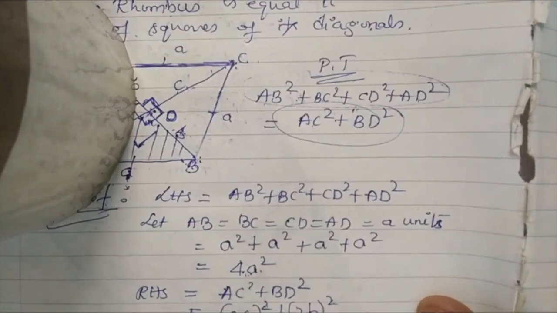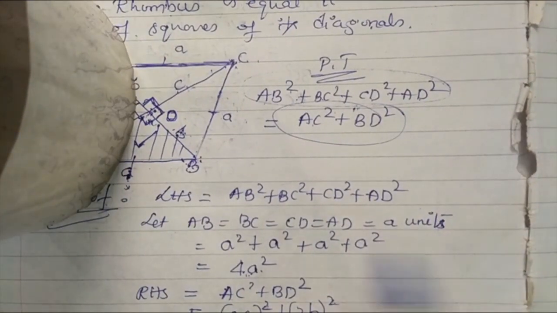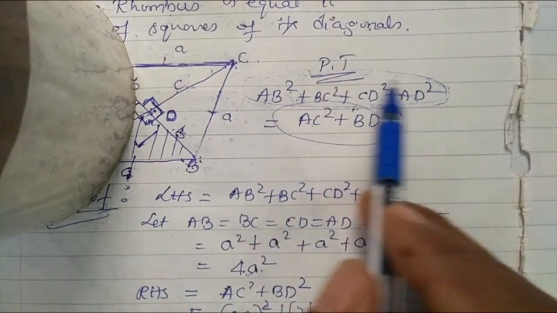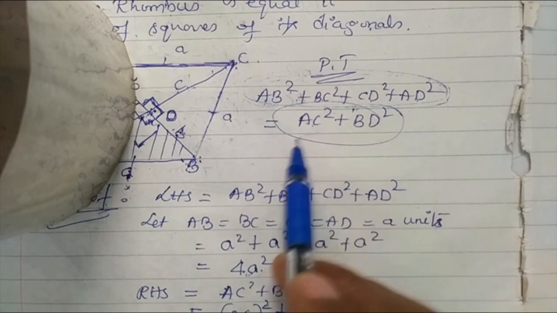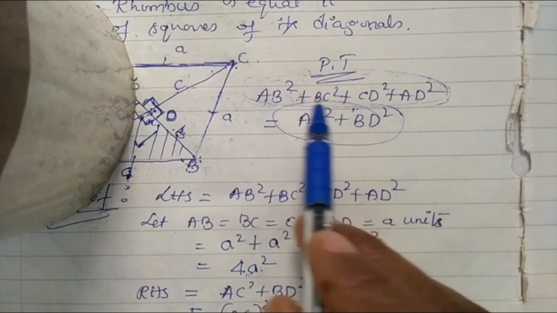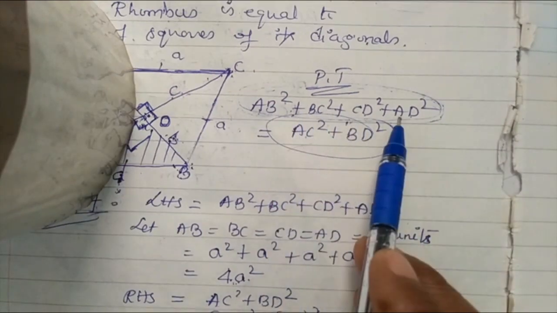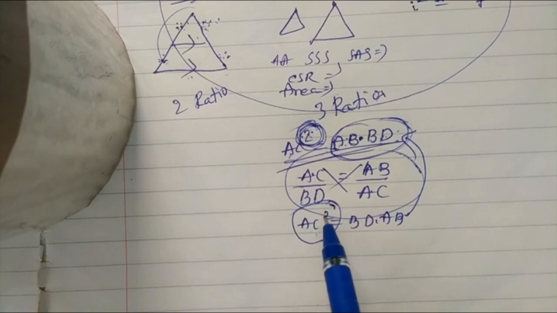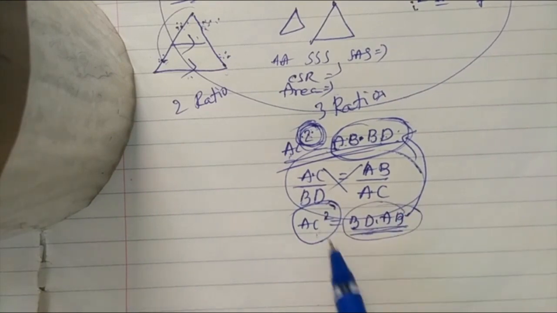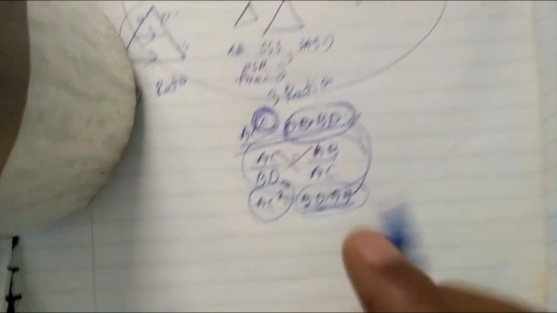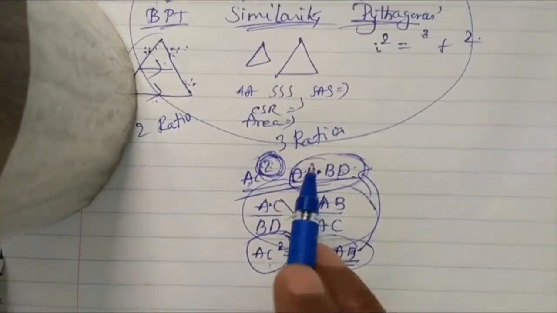Then what type of problem comes under Pythagoras theorem? That is where everything is squared. Every term is squared, and between the terms, in most cases, there will be addition and subtraction. Throughout it is addition and subtraction only. But in this problem, one side is squared but the other side is just a product. So if all are products, once again it is only similarity.